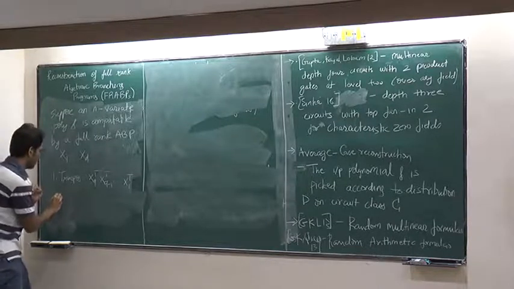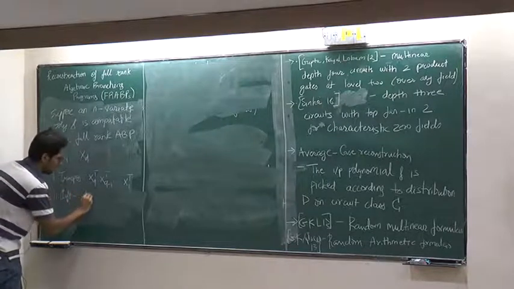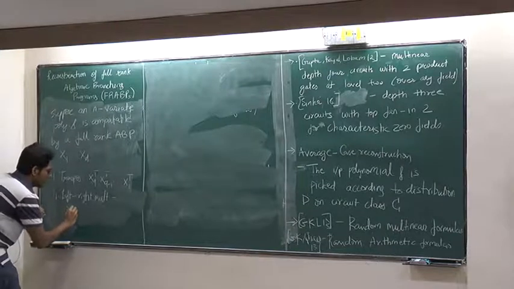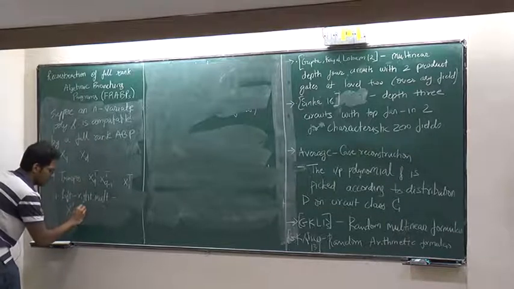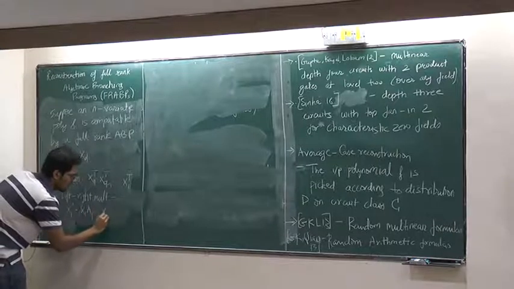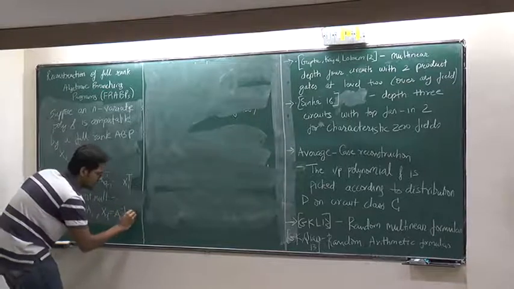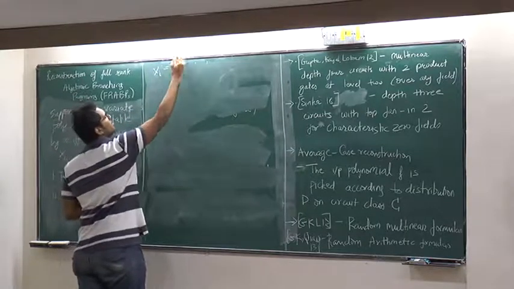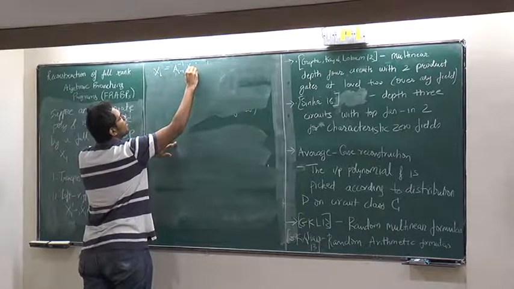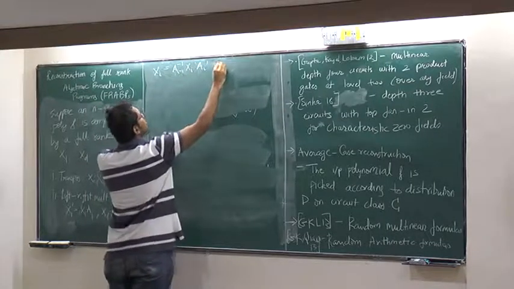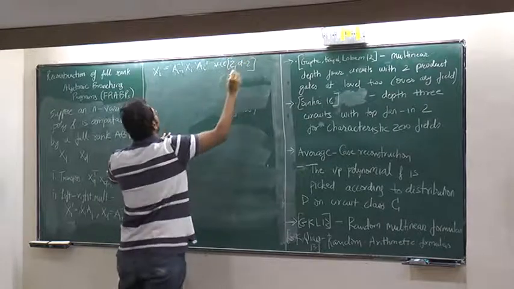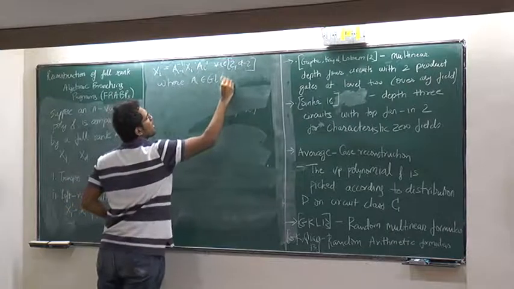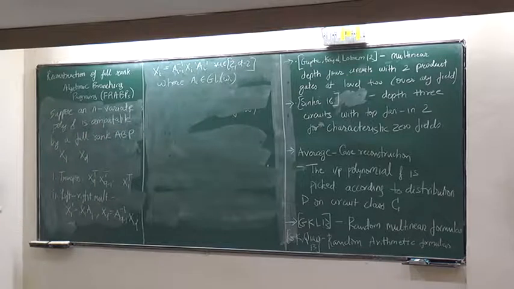The second is the left-right multiplication. Your x1 is, where the A_i are in GL_W. The A_i are invertible matrices, and you just do left-right multiplications.